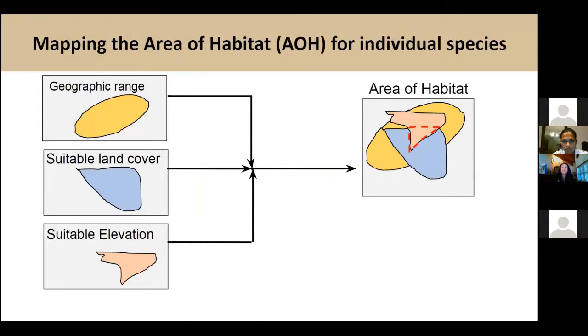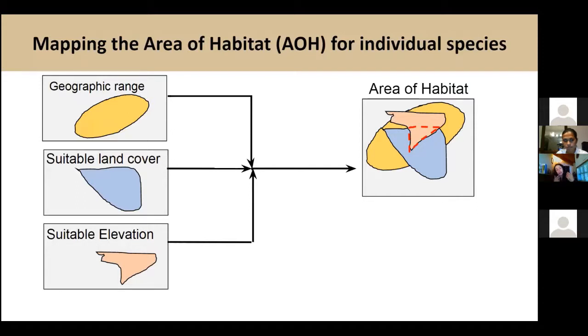And therefore, we went with an approach called the area of habitat model, also known as the extent of suitable habitat, which simply is finding the habitat that a species prefers by clipping the geographic range of an individual species against environmental variables that are associated with the habitat preference of a specific species.